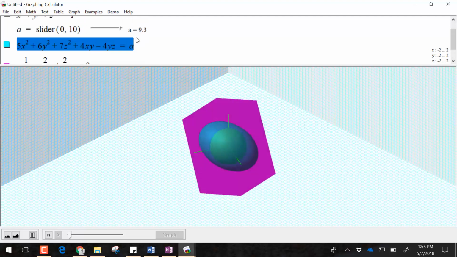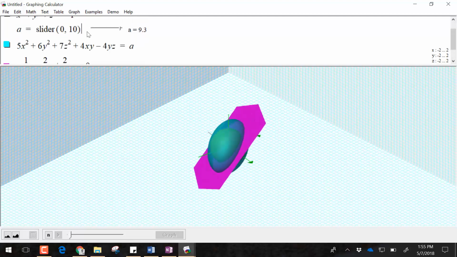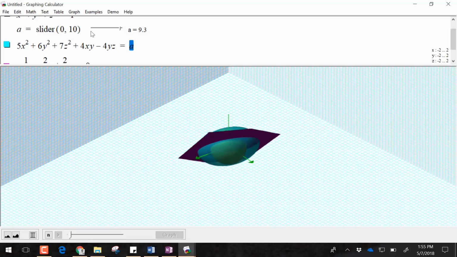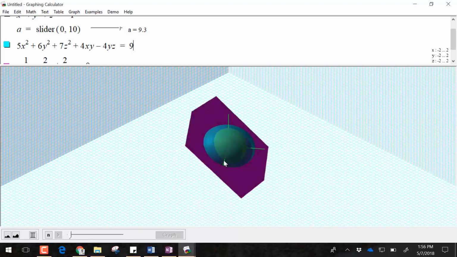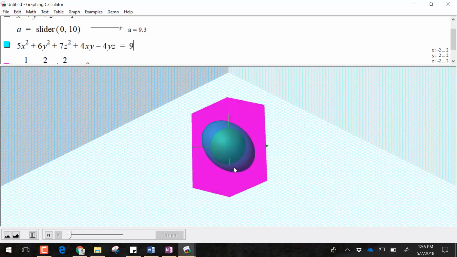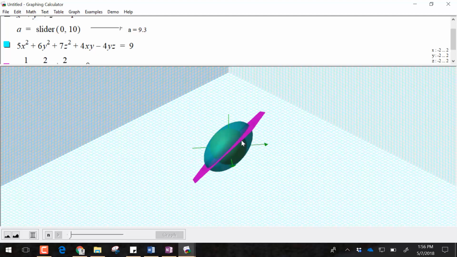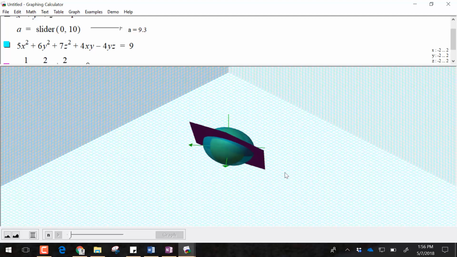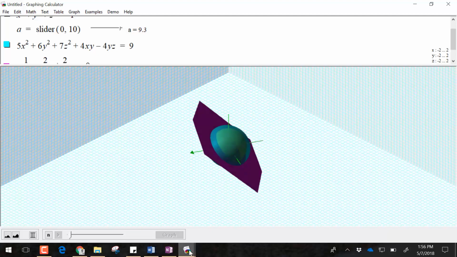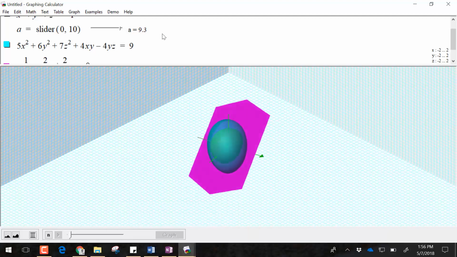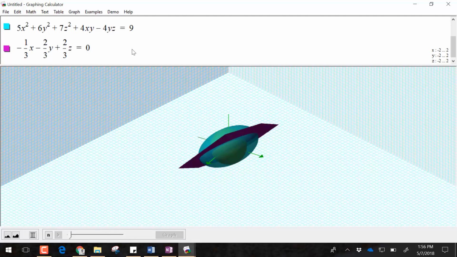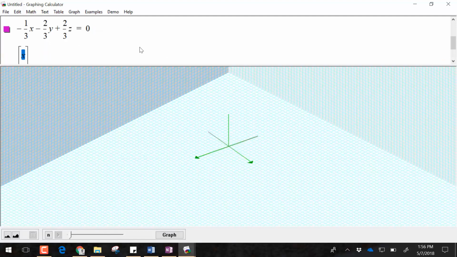Is that equal to 9 right now? Where they all touch. Where's that? Well, let's figure out where they actually touch, right? What was that vector again?